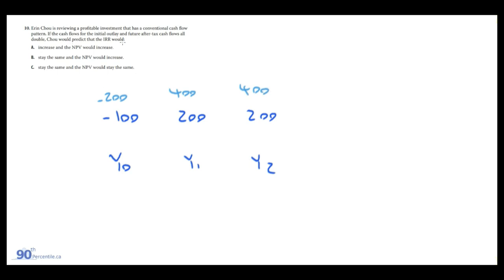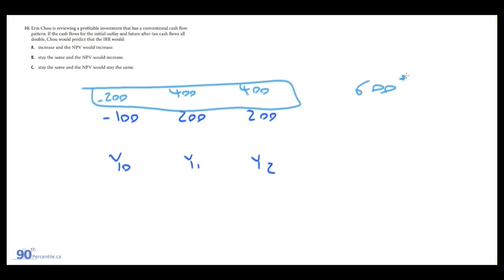Chu will predict that the IRR would increase and the NPV would increase. Well, the NPV is going to increase for sure, right? Obviously it's oversimplifying, but if you were to just sum all these cash flows up without discounting them, in the second option you would get what, 600? Call it NPV, but we're not really discounting, so it's not really NPV.